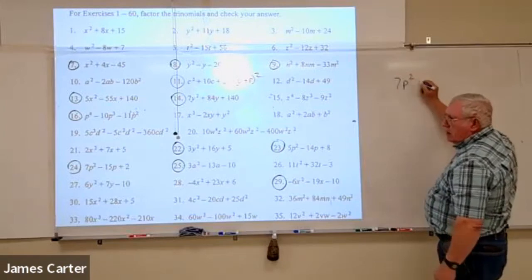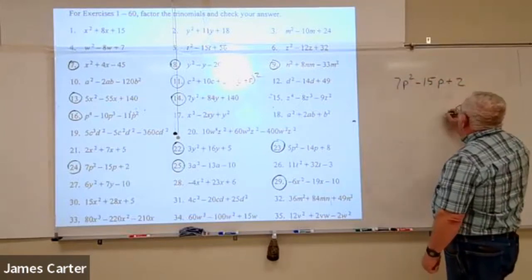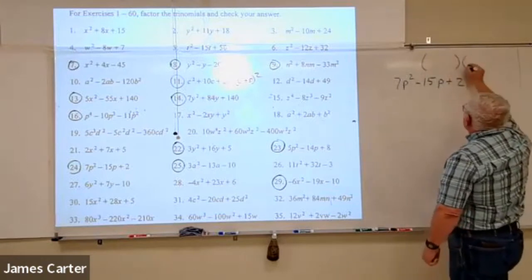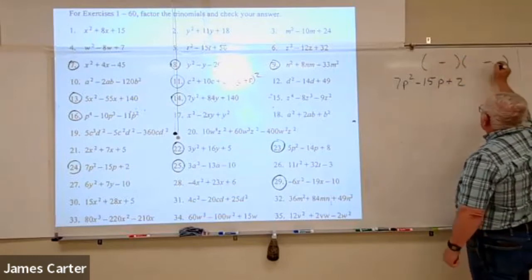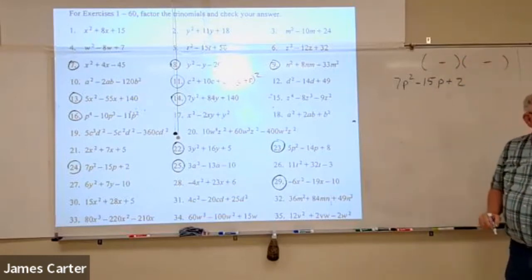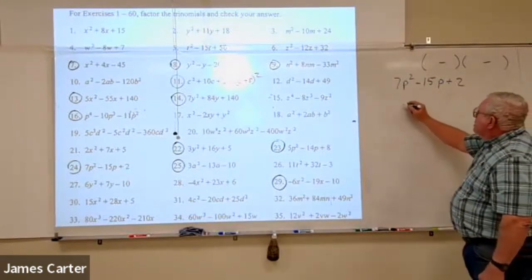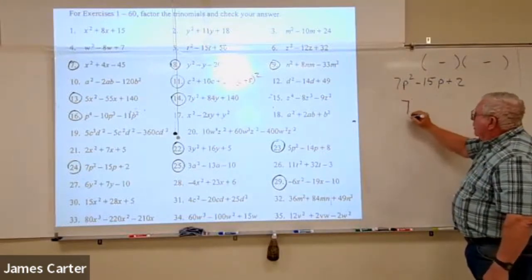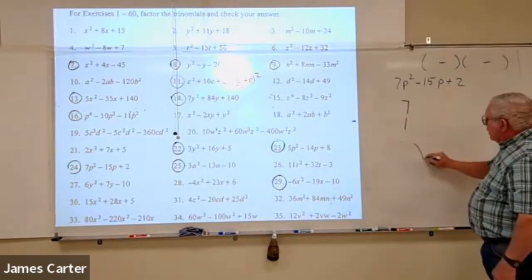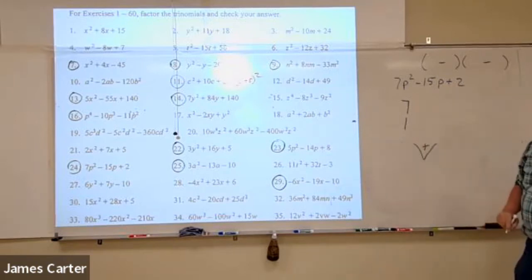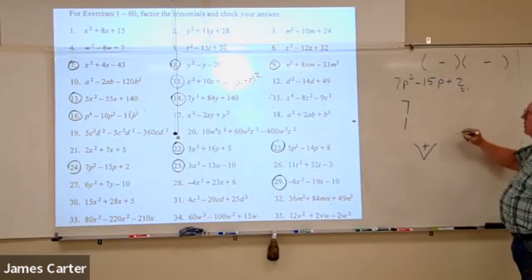7p squared minus 15p plus 2. My answer is going to have to look like this, minus, minus. In this case, 7 and 1 is my only choices. This tells me down here I'm going to add. My only choices here are 2 and 1.